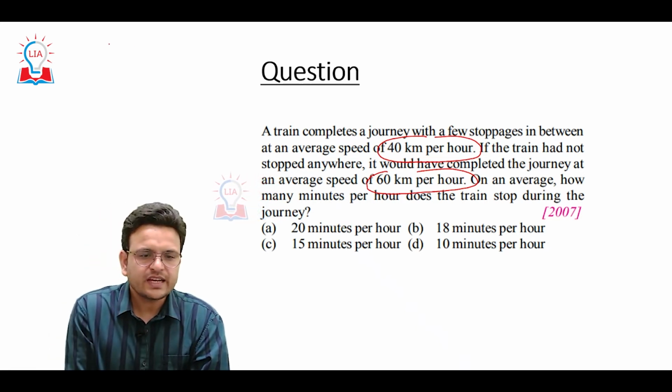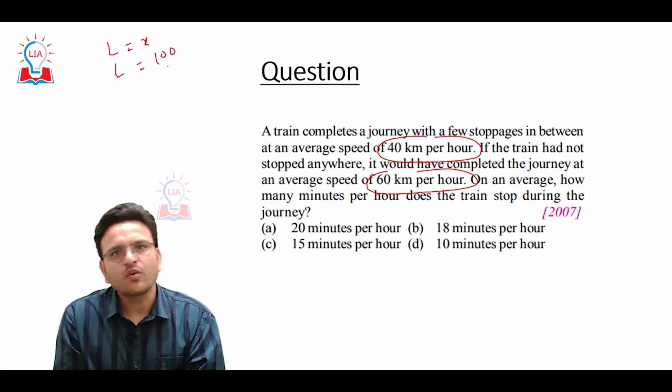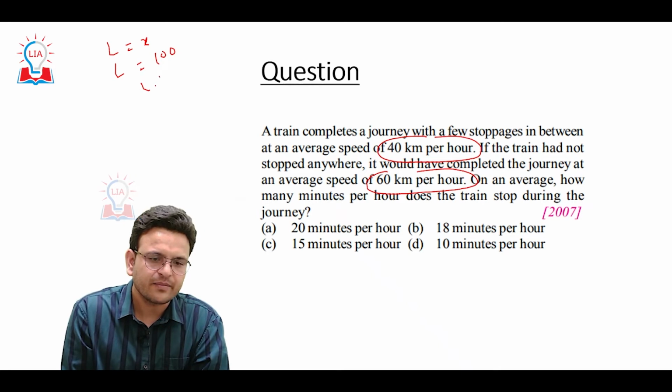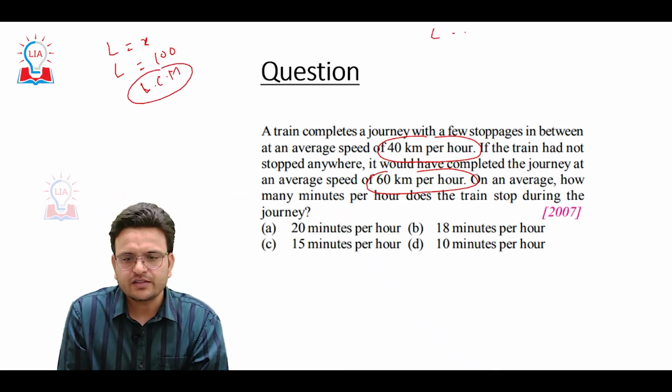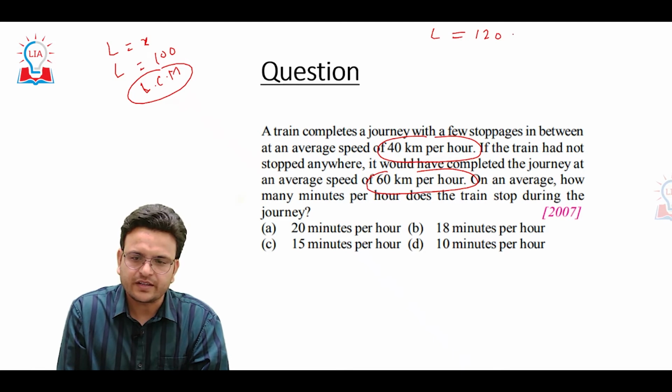We can assume x, or 100, or whatever number, or better we assume the LCM, because LCM is a number which is divisible by both numbers. So we can assume that the length is the LCM of 40 and 60, which is 120.